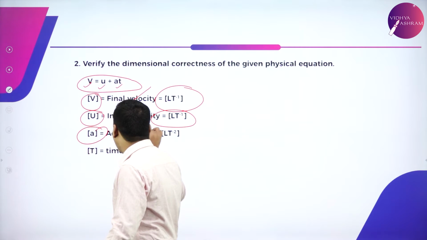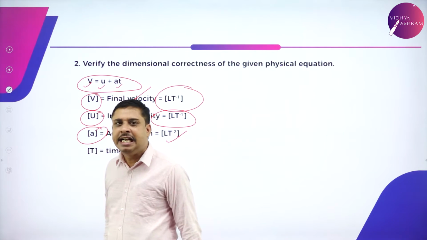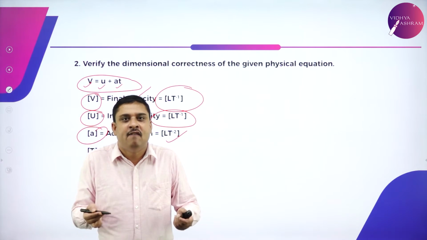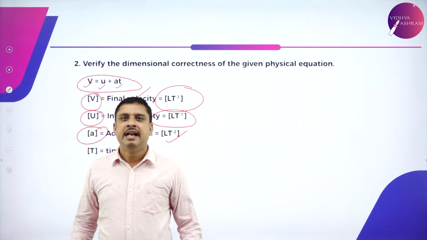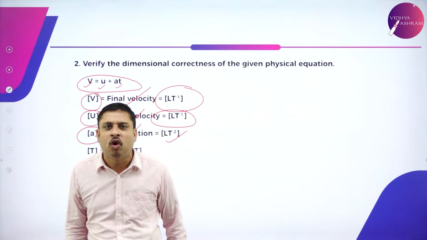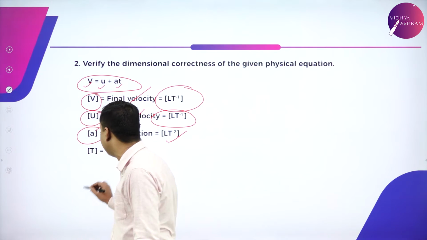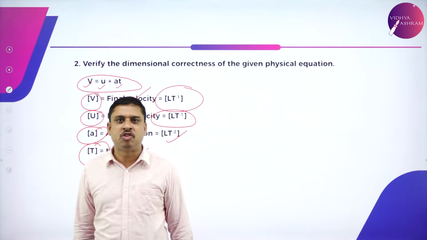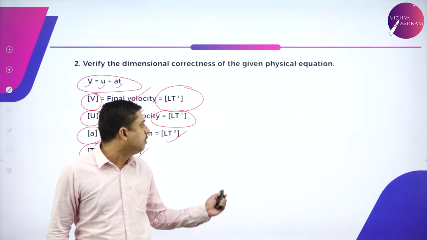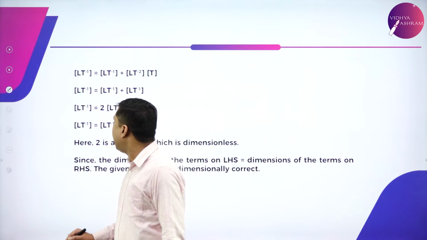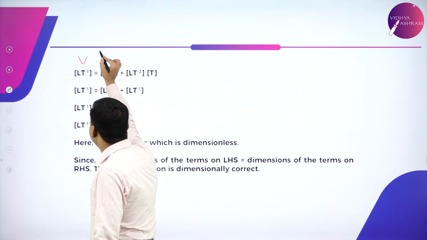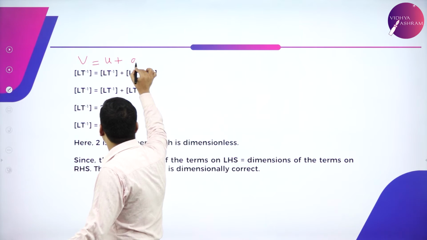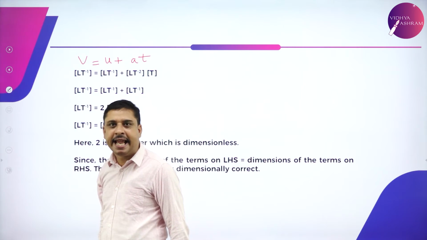A, acceleration, LT minus 2. LT minus 1 is velocity, but LT minus 2 is acceleration. Again, T, time, which has the dimensions capital T. Again we substitute. See, the equation is V equals U plus AT.